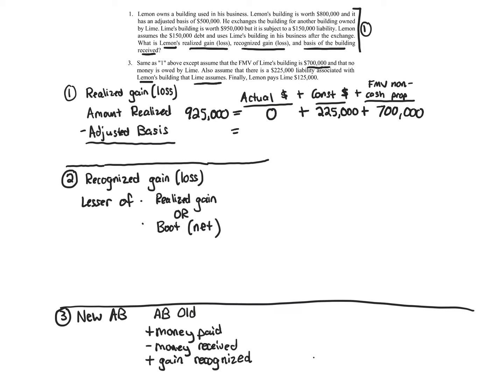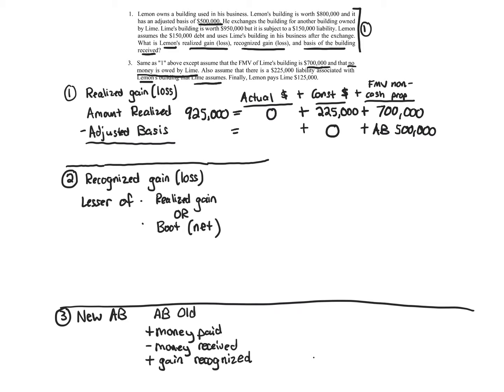Let's go to the adjusted basis. The adjusted basis is the adjusted basis of all property given up. I always start with the adjusted basis of the building that Lemon is giving up. That's given to us in problem 1, $500,000. We're also told there's no money owed by Lime, so Lemon is not taking on any liabilities, so that's going to be 0.